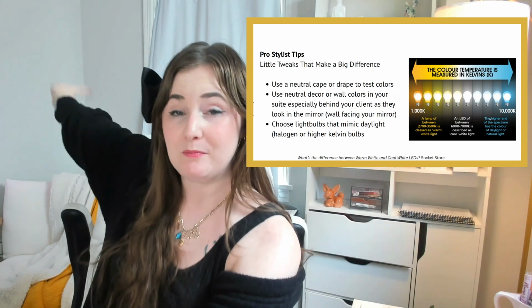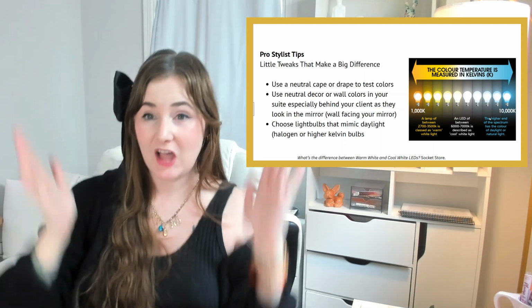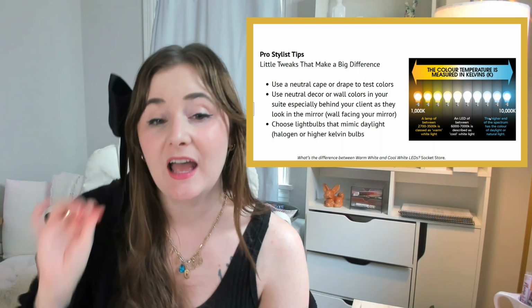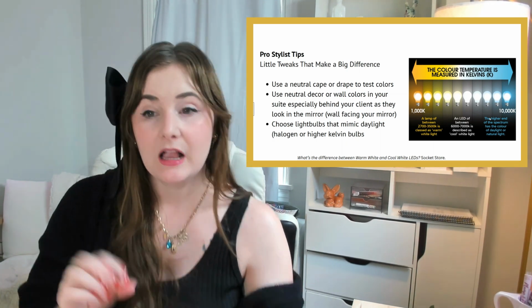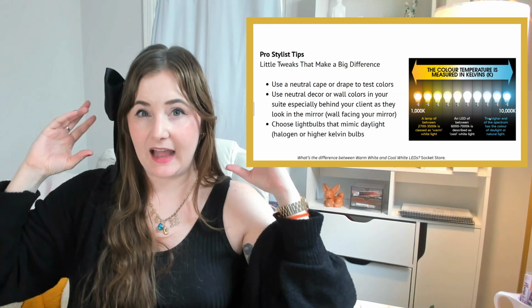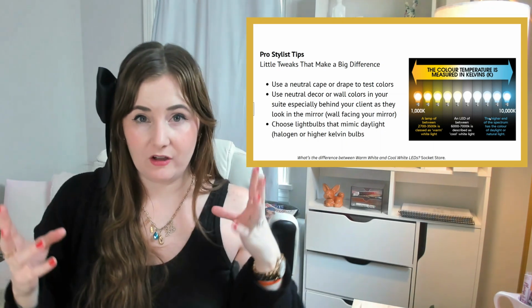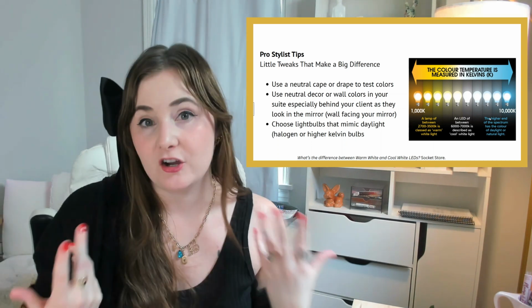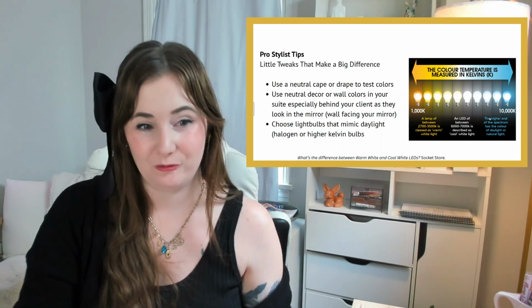The wall right behind the mirror, where your client is sitting in the chair looking in the mirror, should absolutely remain super neutral so that they can get an accurate view of what they look like, right? The color behind them is not going to be tainting their view of their blonde or their red.